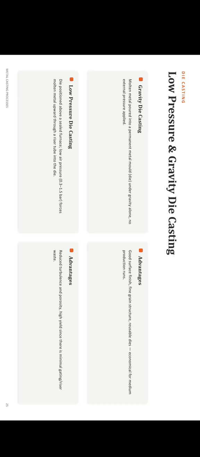Low pressure die casting: the die is positioned above a sealed furnace. Low air pressure, 0.3 to 1.5 bar, forces molten metal upward through a riser tube into the die. Advantages: reduced turbulence and porosity, high yield, and minimum gating and riser waste.